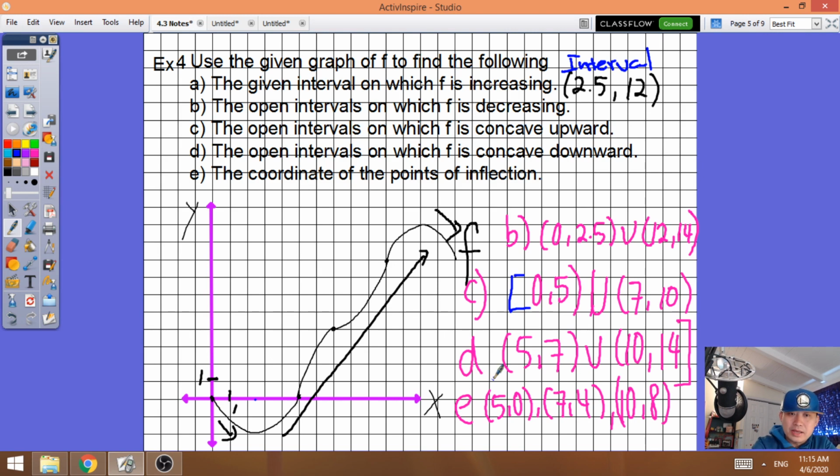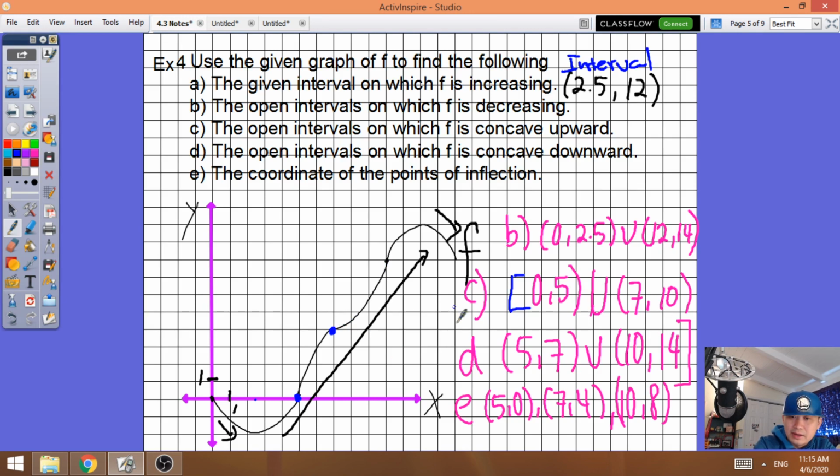And then for part E, the coordinates of the points of inflection. We have 5, 0, because this shows concave upward, downward. So start with the first one, 5, 0. And then 7, 4. Again, concave down, concave up, so another point of inflection.